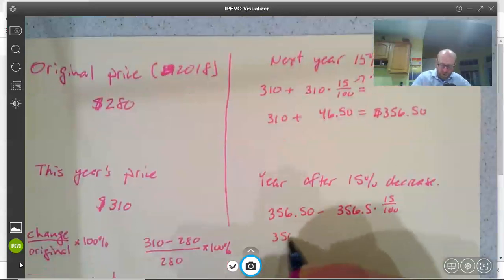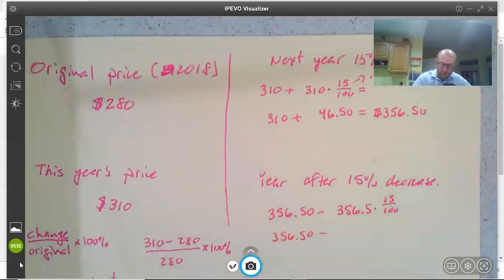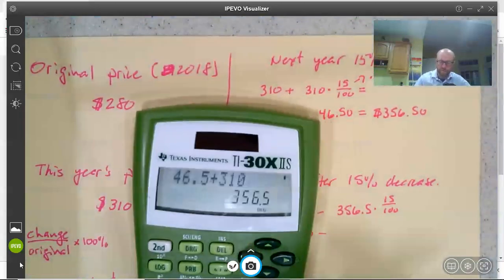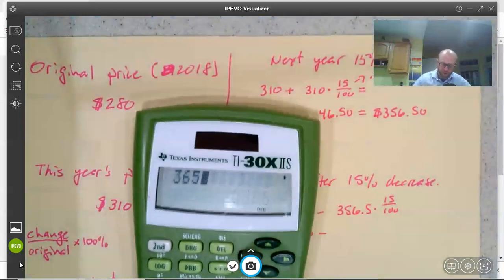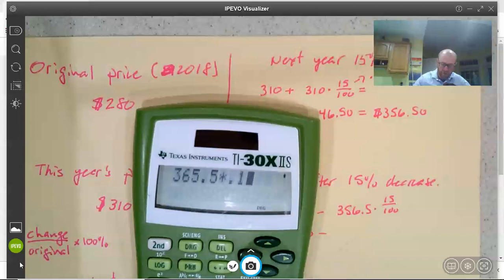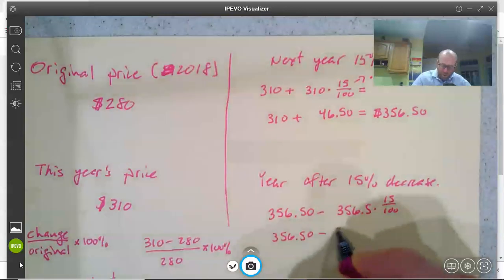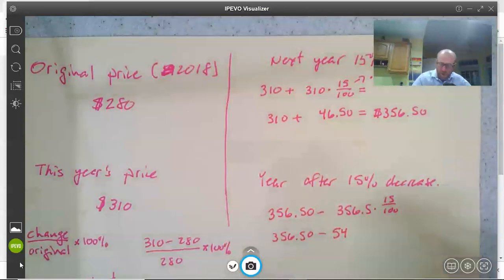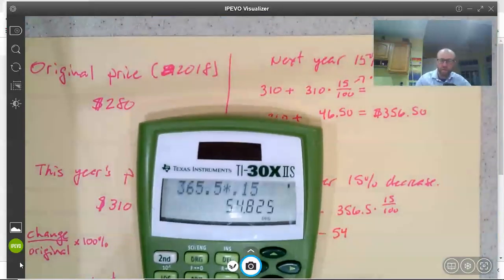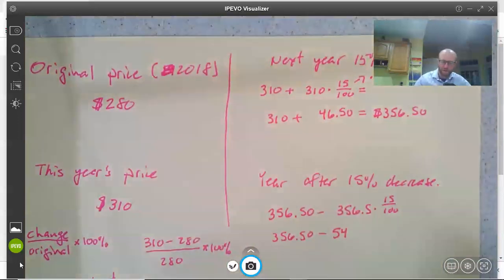So that's going to be 356.50 minus, let's see what this is, 356.5 times 0.15 gives us 54.825. Actually, you know what? Let's not round it. We're going to leave it as 54.825.